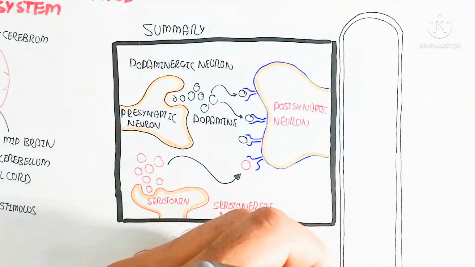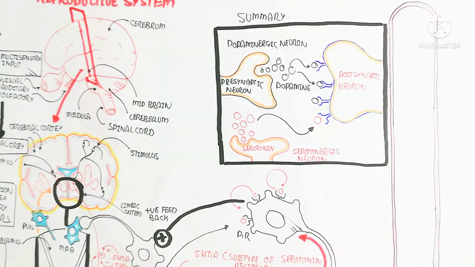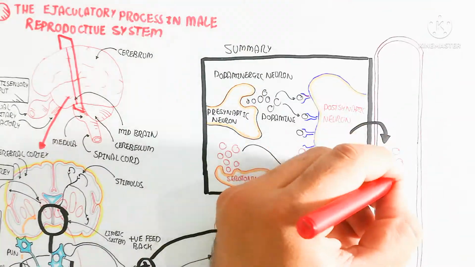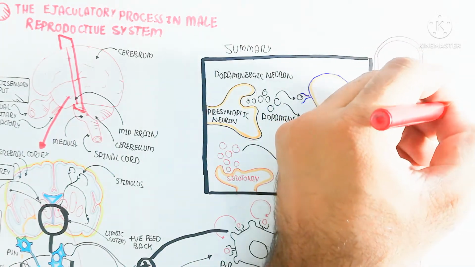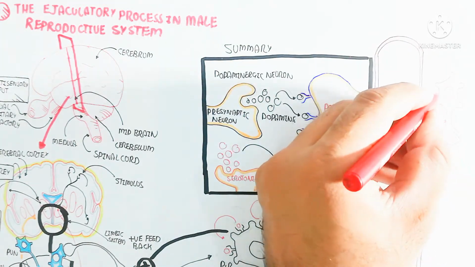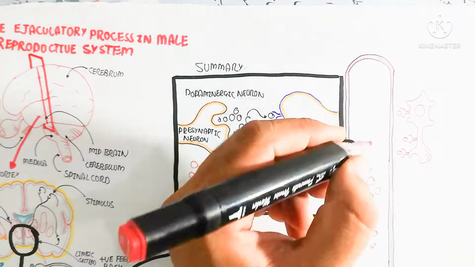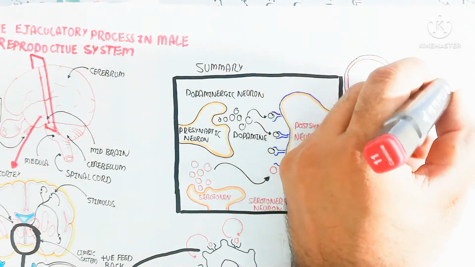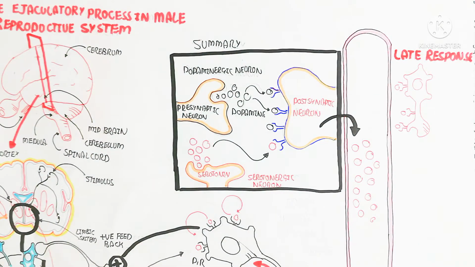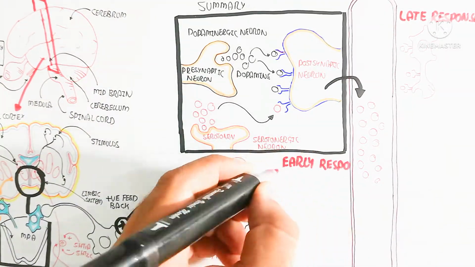the ejaculation. So let's begin to understand the sympathetic and parasympathetic nervous system activation through sympathetic and parasympathetic nerve fibers. So this is the early response and late response. In the late response, the postsynaptic neuron will release epinephrine and norepinephrine, and the adrenal gland also releases epinephrine and norepinephrine as well as cortisol.